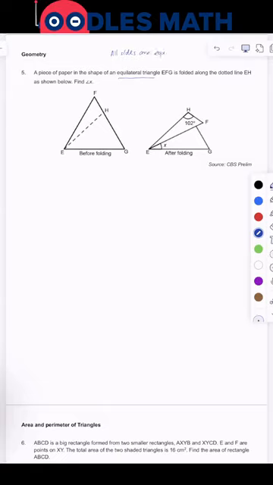Another important property is that all interior angles, interior meaning inside, so the angles inside the triangle, are all equal to 60. So this is 60, this is 60, and this is 60 as well.